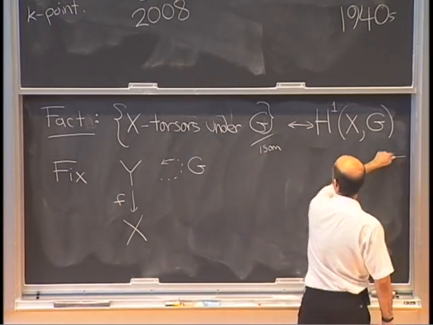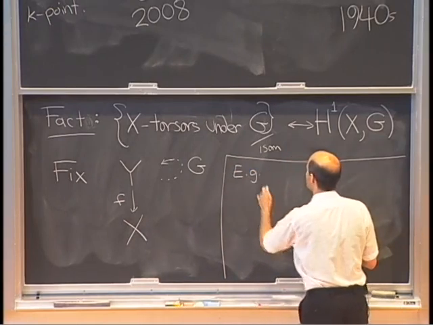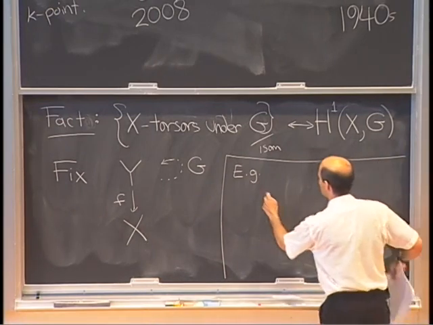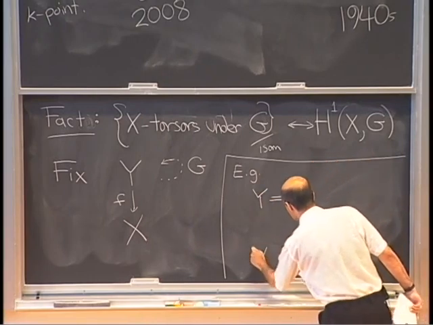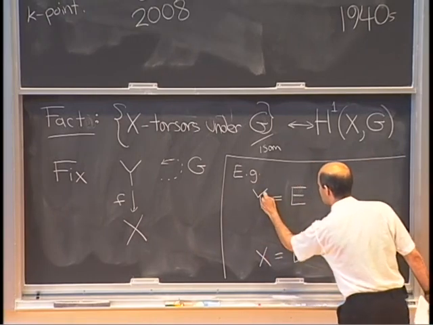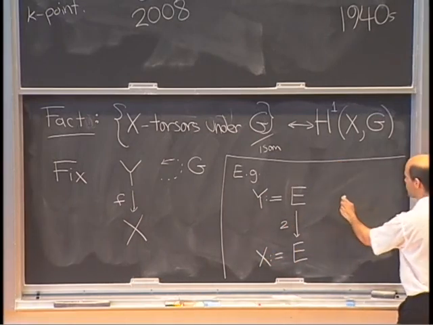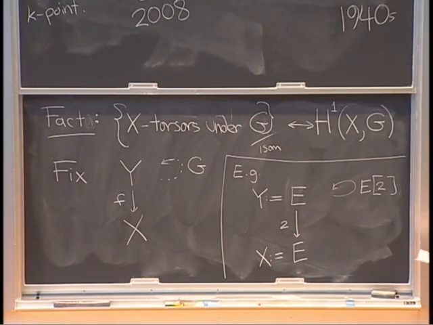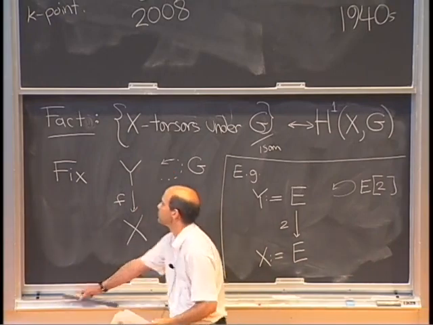As an example to keep in mind, if you want to recover the classical case of two-descent over an elliptic curve, you can think about the case where Y is the elliptic curve and X is also the elliptic curve, and the map is the multiplication by 2 map. This is a torsor under the two-torsion group of E. You can keep this in mind as I go through the construction of the obstruction.